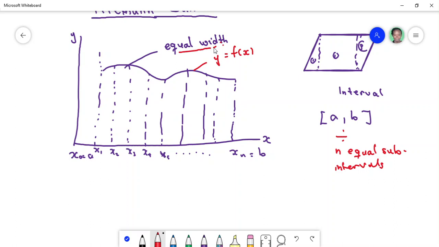So if I divide into equal width, then my change in x is going to be b, my endpoint, minus my a, divided by n. This is the change I have. Then the right points of the intervals. So this is the right end point of the intervals, our x1 to xn.